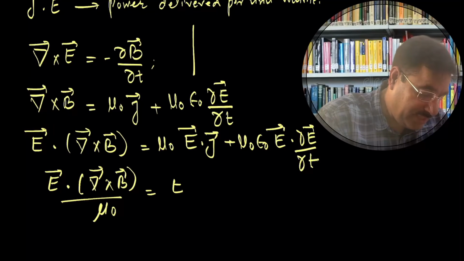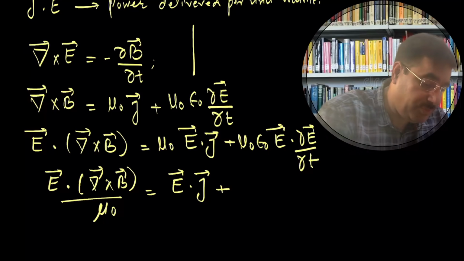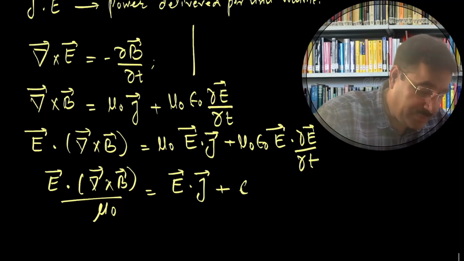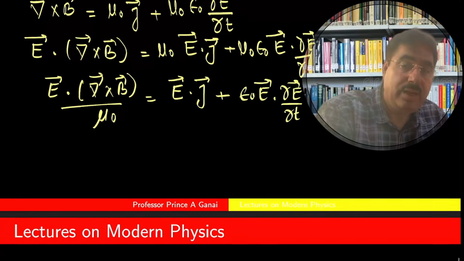Now I have this E dot J term, plus epsilon naught E dot del E by del T, because one mu naught is gone since I have divided by mu naught. So far, so nice.